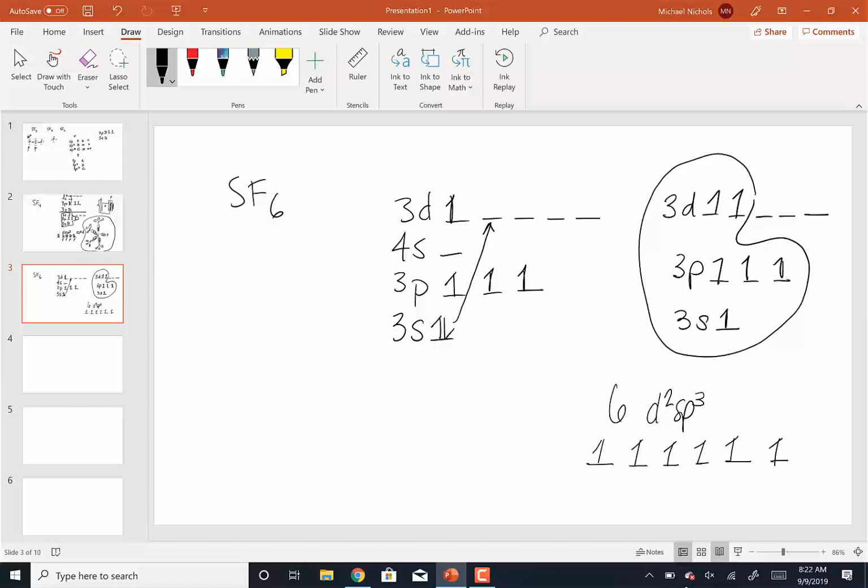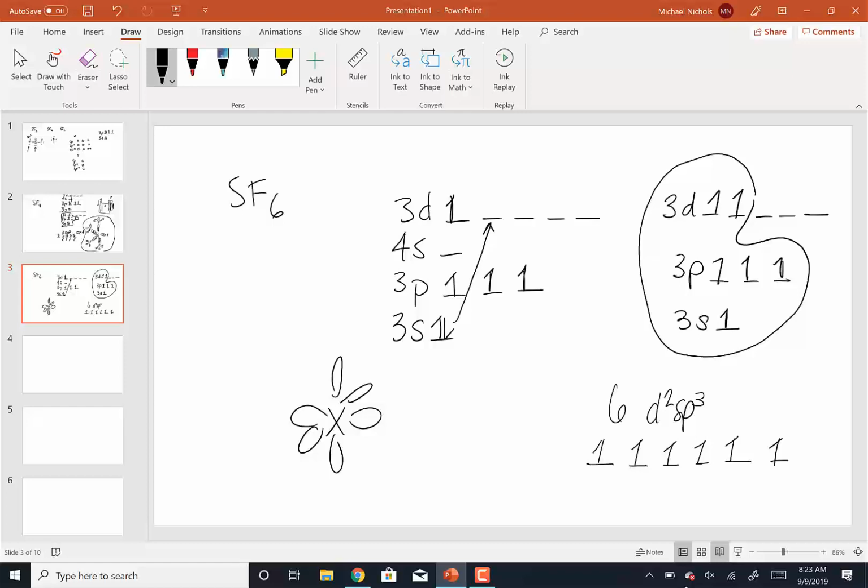And now I go to VSEPR theory and I say, in VSEPR theory, what geometry do you get when you have 6 clouds of electron density? You get octahedral. And so any D2sp3 hybridized atom is going to look like this. You're going to have X, Y, and Z planes.